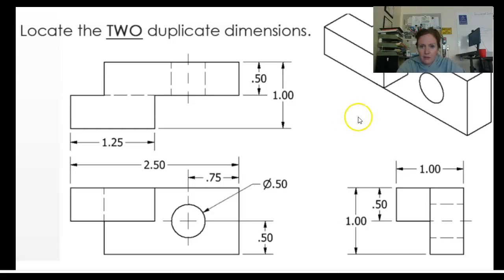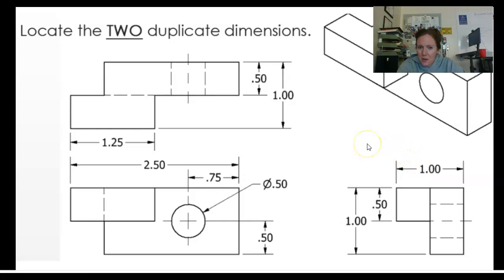So hopefully the first one you saw was this one. This dimension is not appropriate. This is showing the depth of this object, which is also shown over here. And this is the appropriate place to show that dimension, not here.